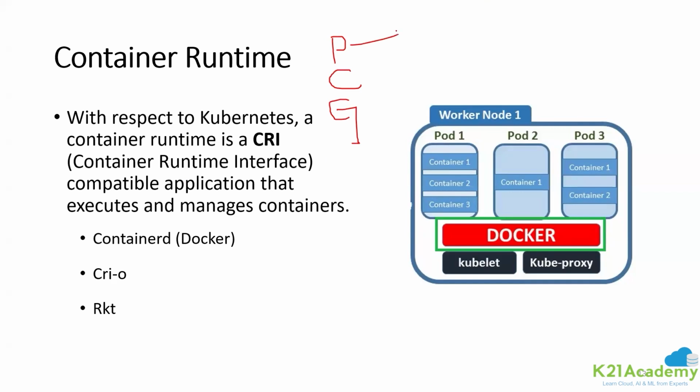PCG stands for P for pull an image, C for create a container, and G for give back to kubelet. So the only job of CRI, so of Docker, is to do the job of PCG. It acts like a container factory: pull an image, create a container, give back to kubelet. Everything else is taken care of by your kubelet, assigning and managing with the self-healing property. All the stuff is taken care of by your kubelet.